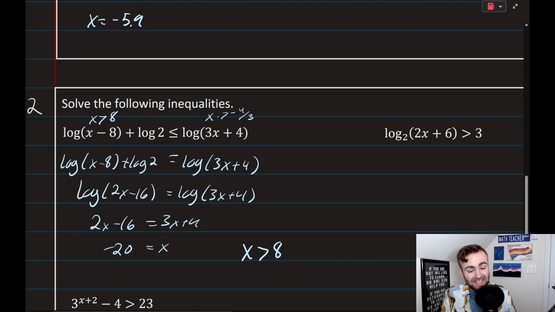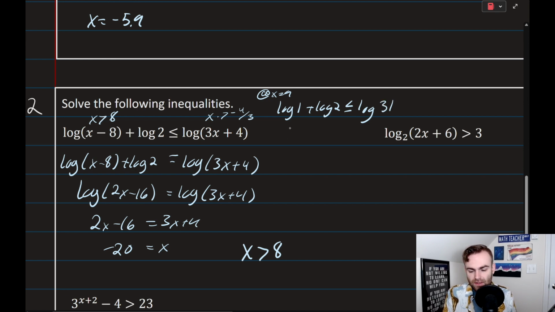And to see if this is true, this might not ever be true. To see if this is true for x greater than 8, we need to test something. Let's test 9. So if I test 9, I'm going to get log 1 plus log 2 is less than or equal to log, at x equals 9, 9 times 3 is 27, plus 4 is 31.